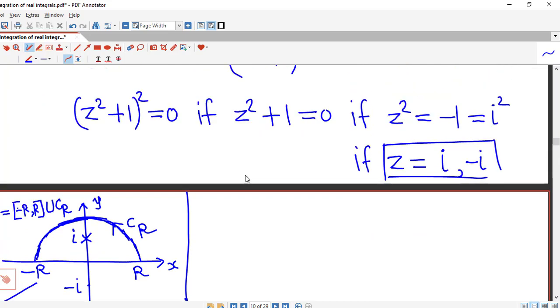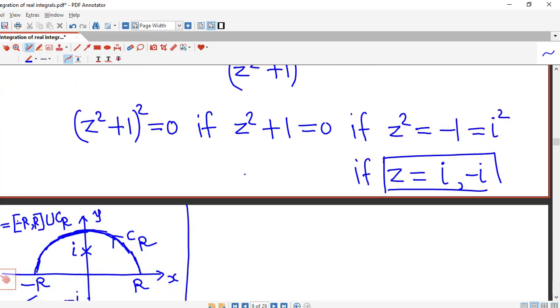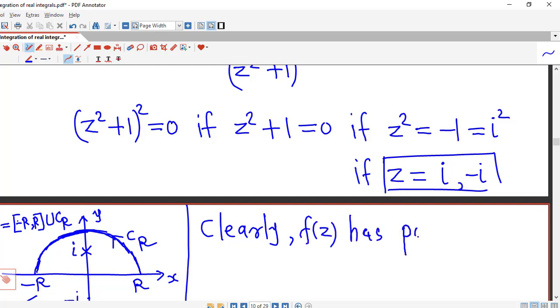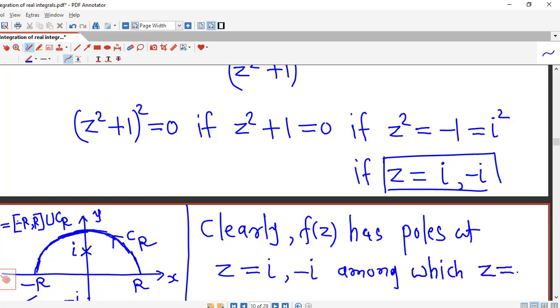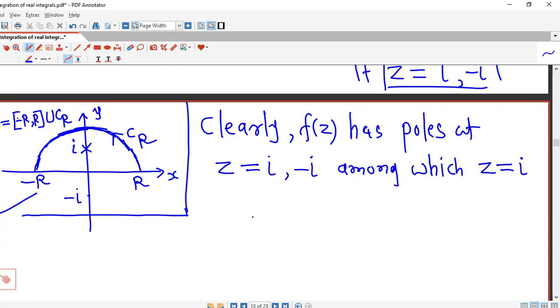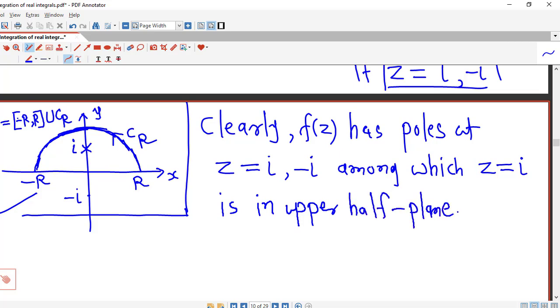Now to calculate residue of f(z) at z equal to i, before that we write down that clearly f(z) has poles at z equal to i and z equal to minus i, among which z equal to i is in upper half plane or above x-axis. Okay, so we are interested in z equal to i only.